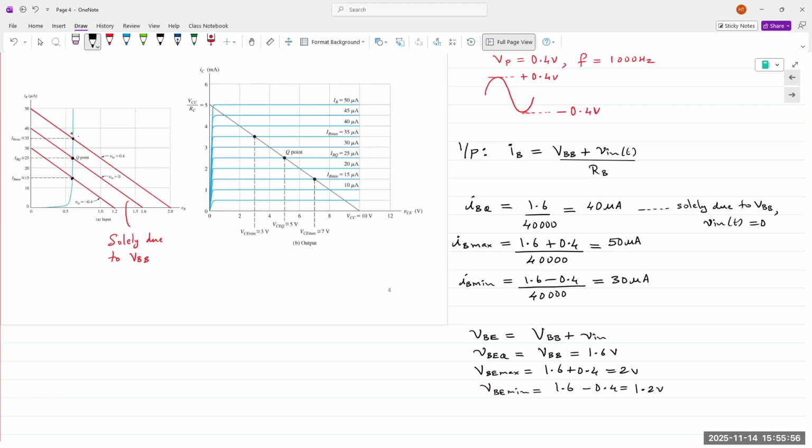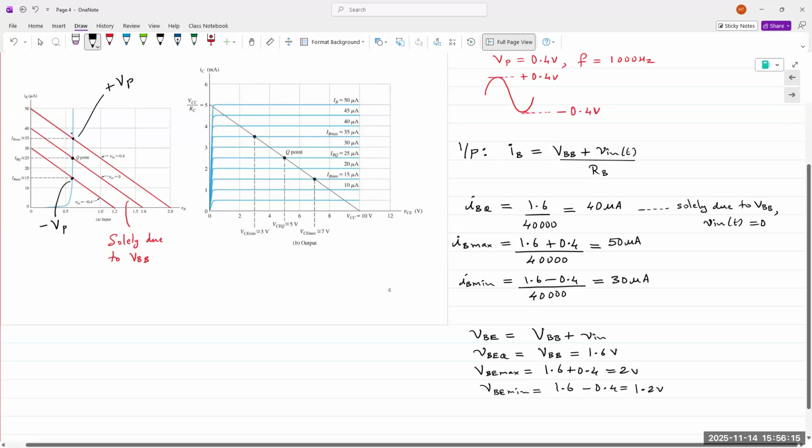This Q point is due to plus VP, and this one is due to minus VP. So our input waveform is actually shifting. It's something like this, if you will.